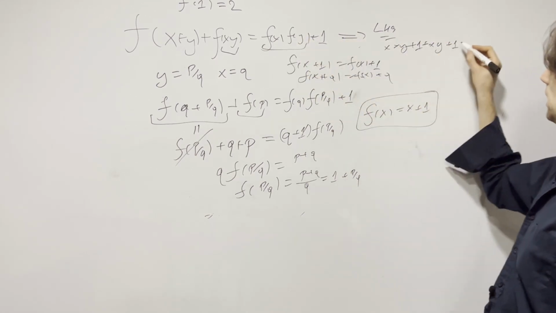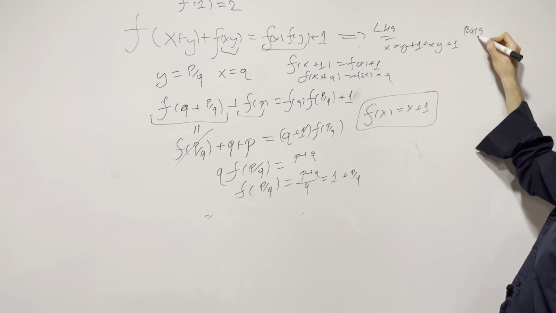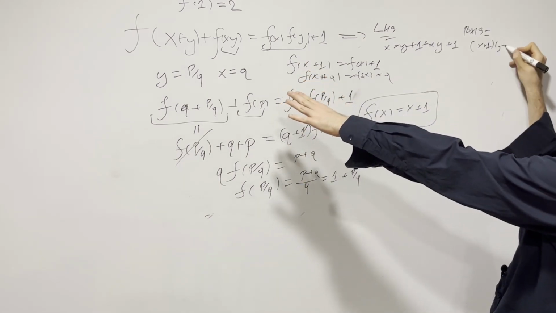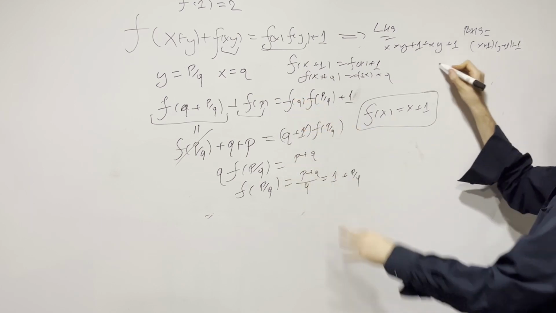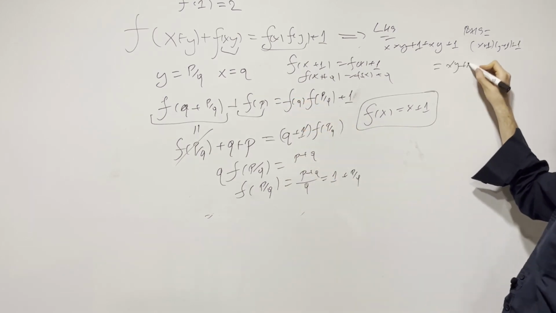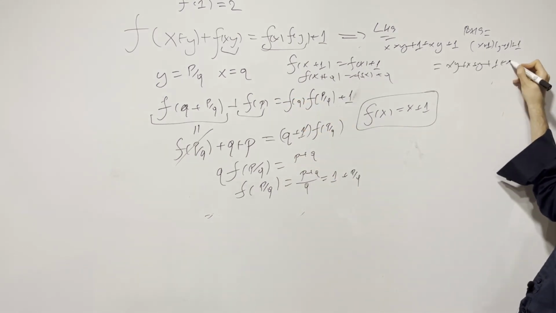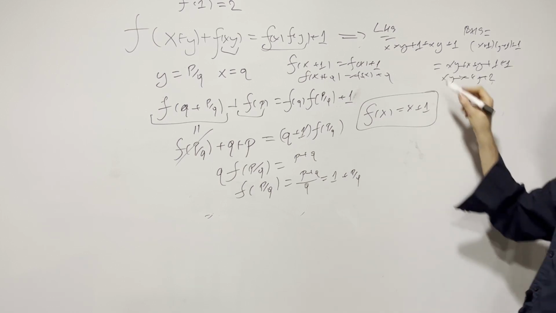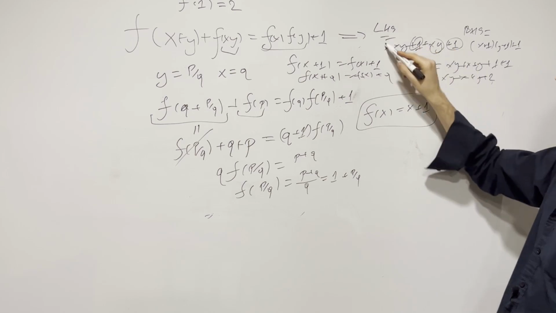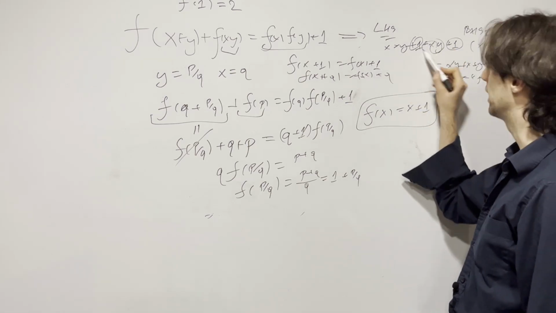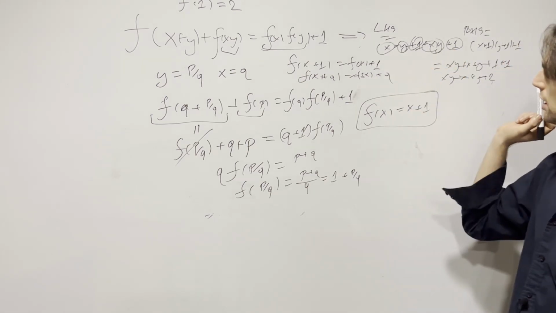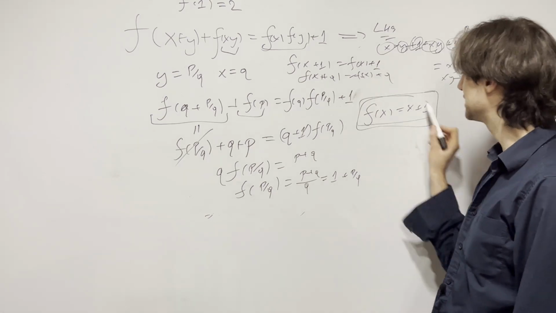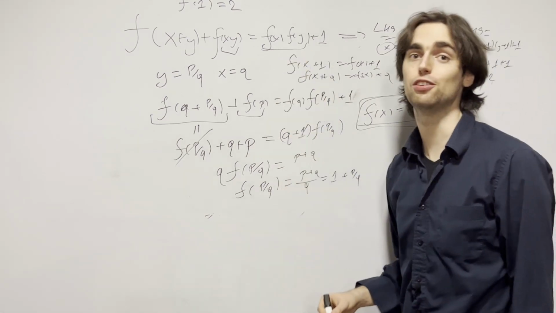And the right-hand side is going to equal x plus 1 times y plus 1 plus 1, which is going to equal xy plus x plus y plus 1, which is xy plus x plus y plus 2. 1, 2, x and y, xy, x and y. And with that, we have shown that this indeed does satisfy the functional equation.